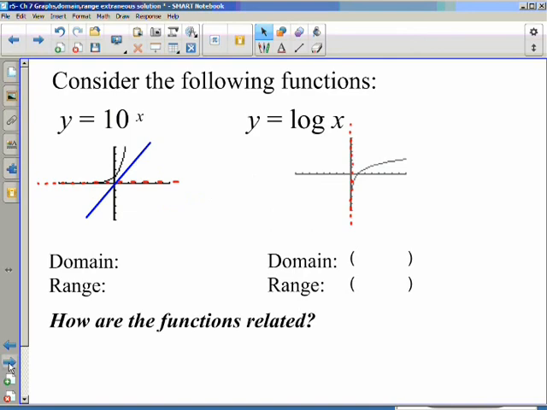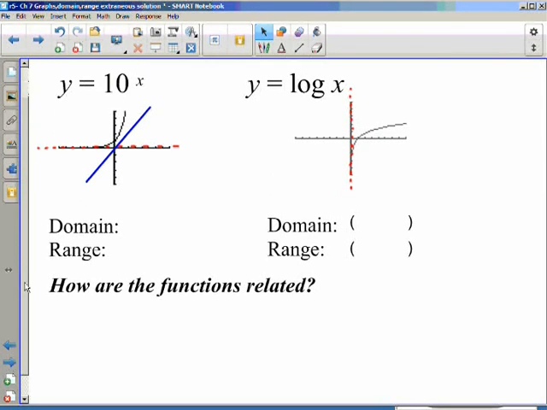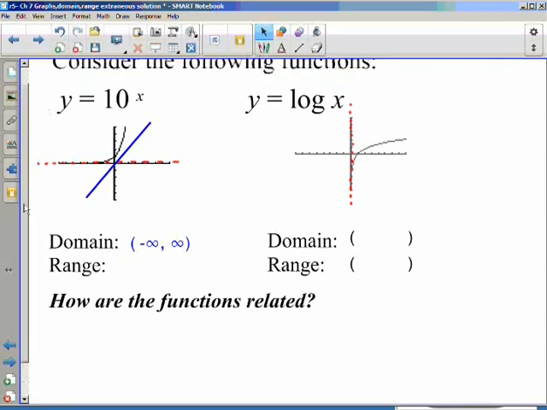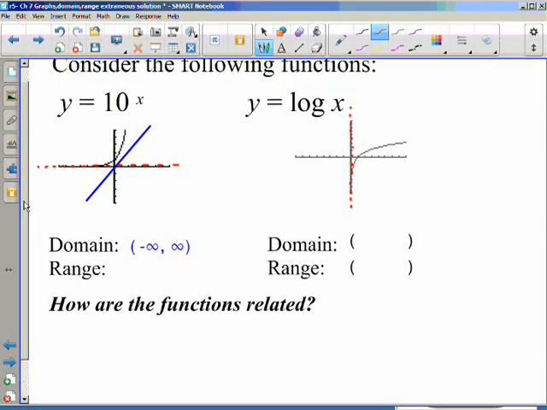Okay, if we look at the domain and range, you're going to see a bit of a pattern here. The domain for exponentials, you can input any value for x, from negative infinity to positive infinity, but your range will always be positive in this case. There are ways to get some negative values.